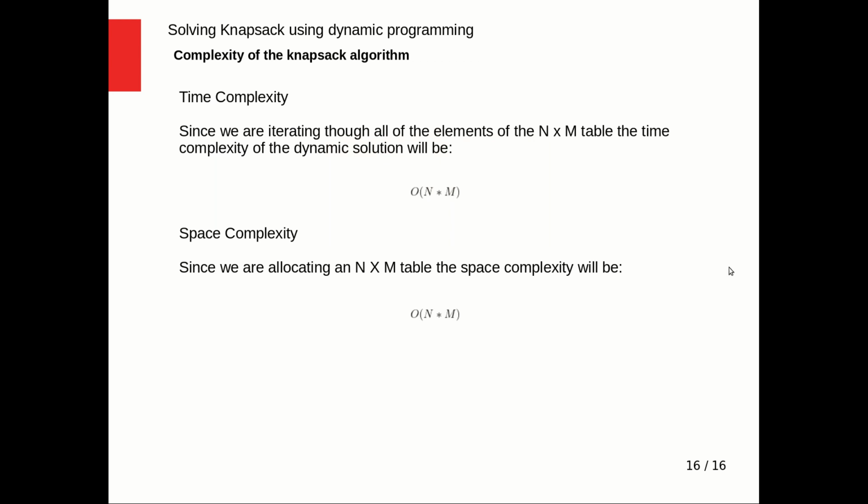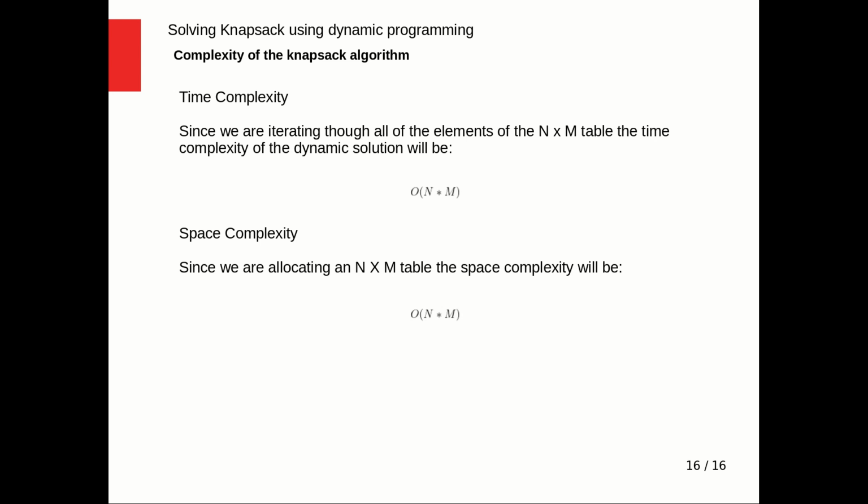And a few words about the complexity of the solution. Since we are going through an n by m, where n is the number of items and m is the number of distinct weights, the complexity of the solution is n by m. And the same thing applies for the space complexity, because we have to allocate an n by m array.